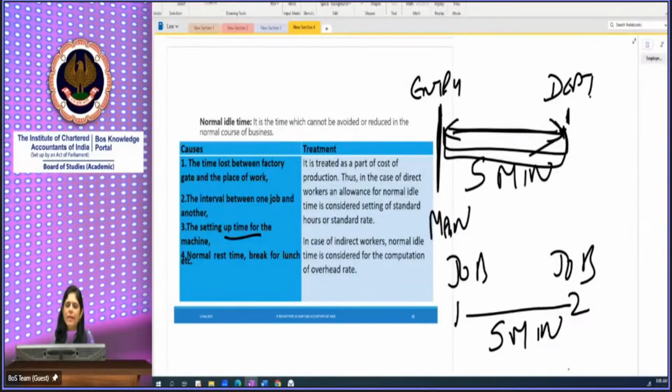So it's always treated as part of the cost of production, whether it's normal idle time or normal loss of material, whatever it is. It will be part of the direct cost, the cost of production. For indirect workers, it will go to the overheads, factory overheads.